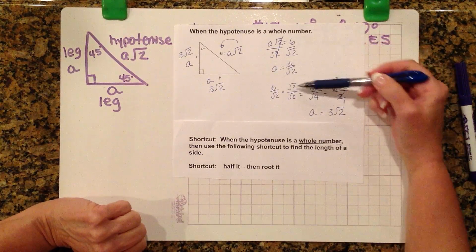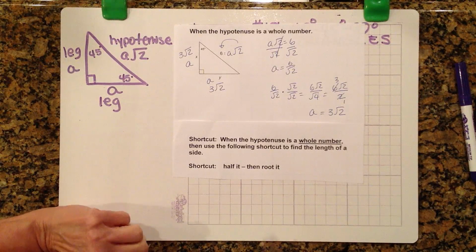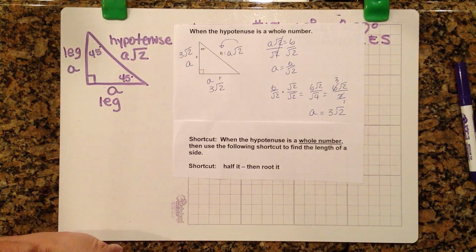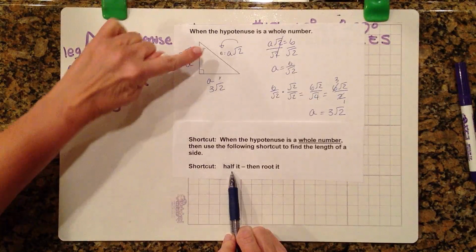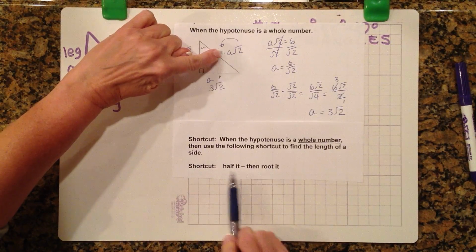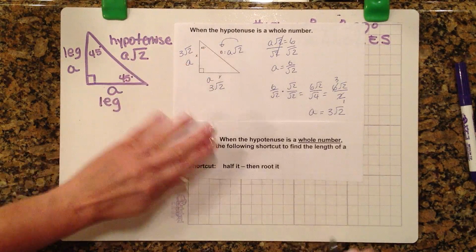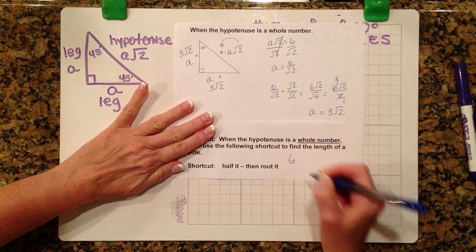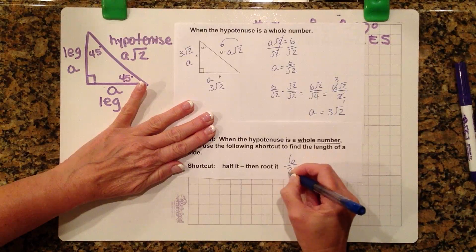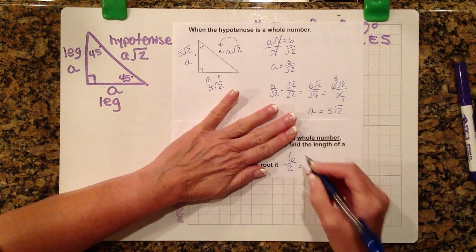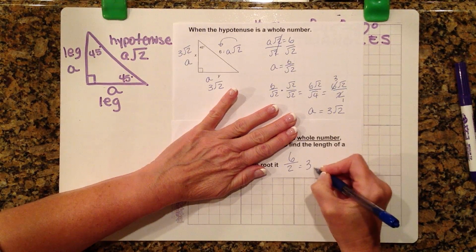So instead of going through all of this math, let me give you a shortcut. You want to half it, so take this value and half it, and then root it. So look right here. What was this value? It was 6, and I want to take half of it. So divide it by 2, and it's 3.